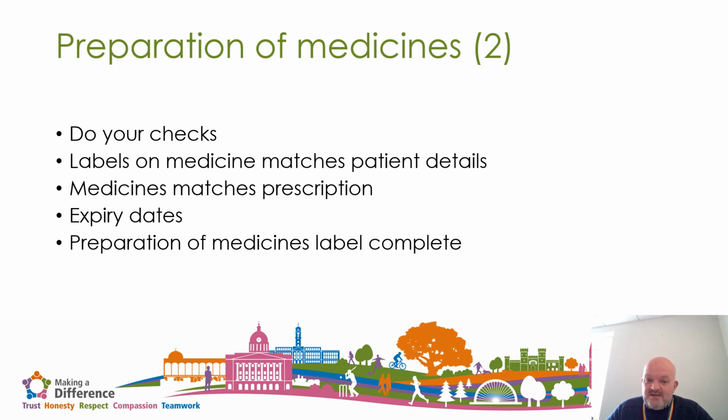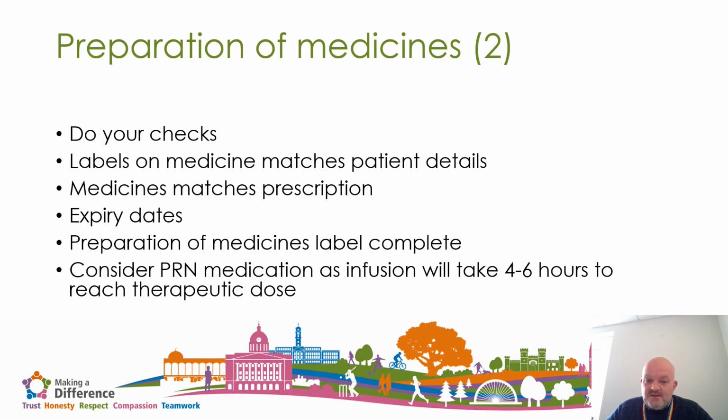We're going to prepare the medicine's label, and the medicine's label has the information of the patient's name, the drugs that we use, the batch number, the date you set it up, your signature, and if you've got a person double checking, their signature as well. In our trust they're either a yellow or a white label. It doesn't matter what colour as long as you've got the label on with that information, and that's looked into more in the practical video.